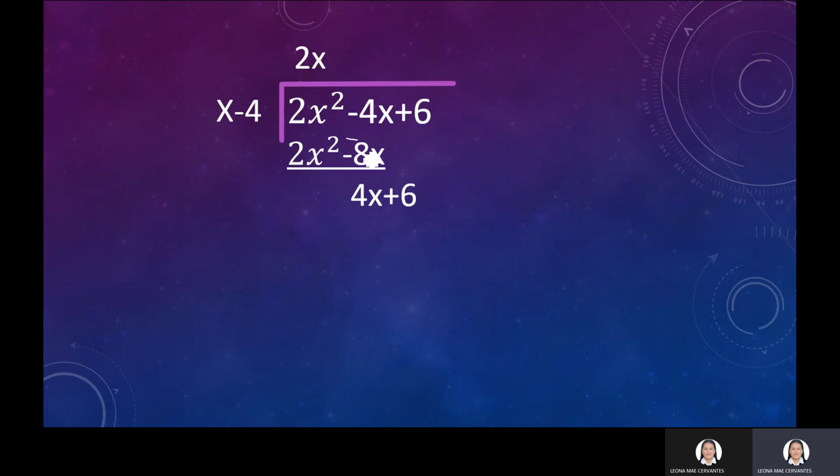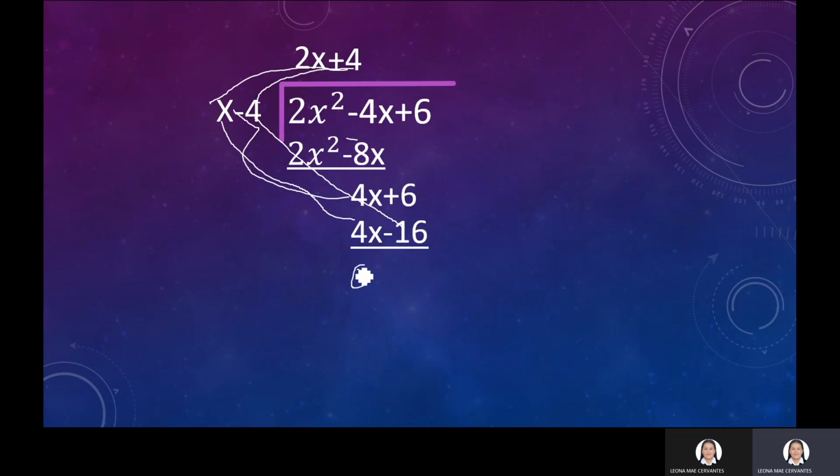4x divided by x, positive 4. Next, 4 times x, 4x. 4 times negative 4, negative 16. So, 4x minus 4x, 0.